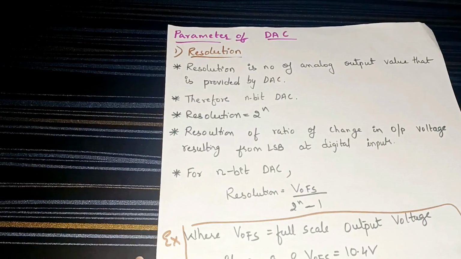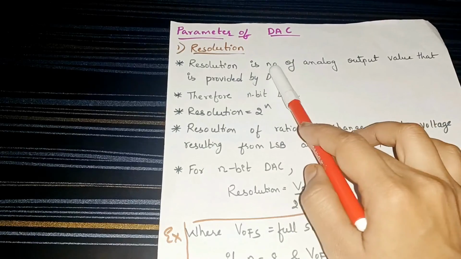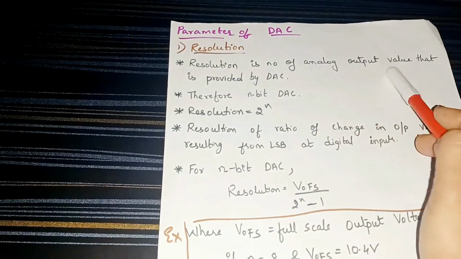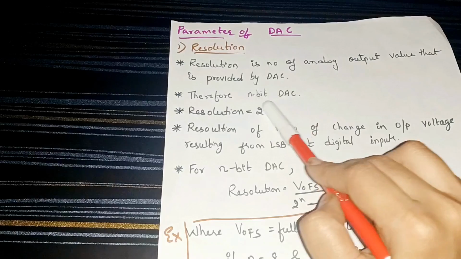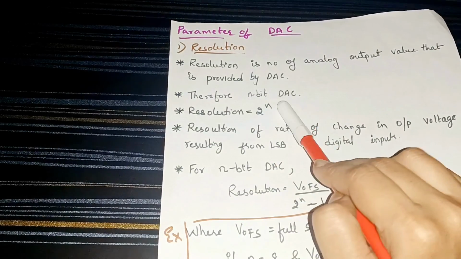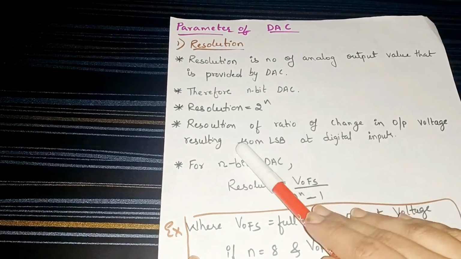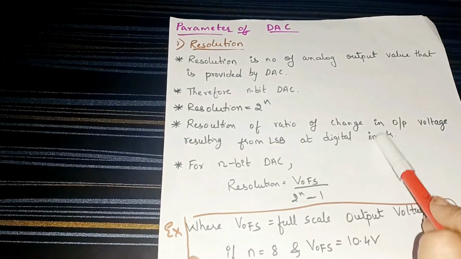The parameters of DACs include resolution. Resolution is the number of analog output values provided by the DAC. Therefore, for an n bit DAC, the resolution equals 2 raised to power n. Resolution is also the ratio of the change in output voltage resulting from the LSB at the digital inputs.